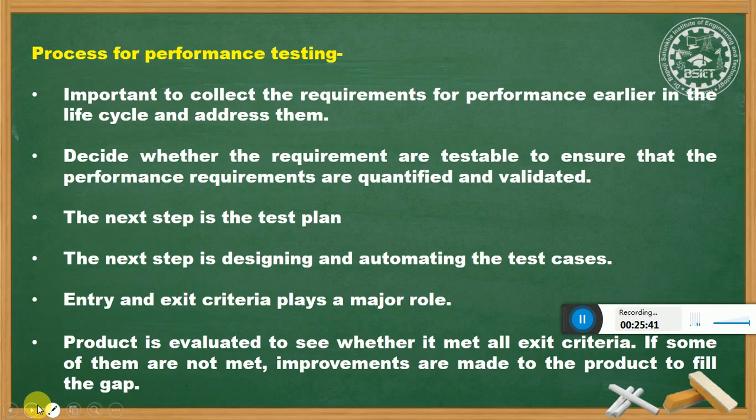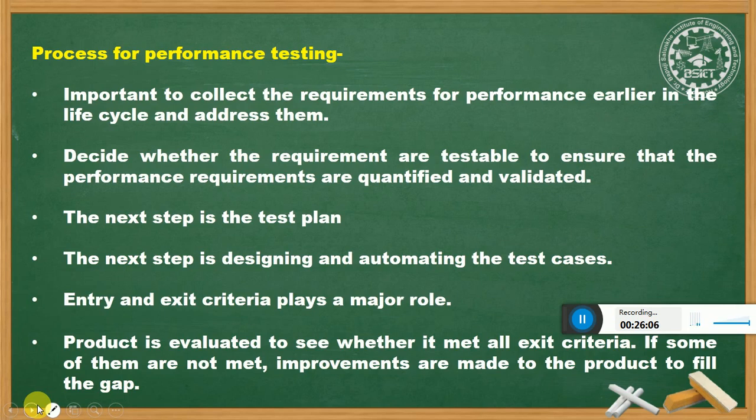So as a process of performance testing, our next step is to go for the test plan and consider all these test labs, the equipments required, the software configuration, responsibilities of the team, entry and exit criteria, everything in the test plan.